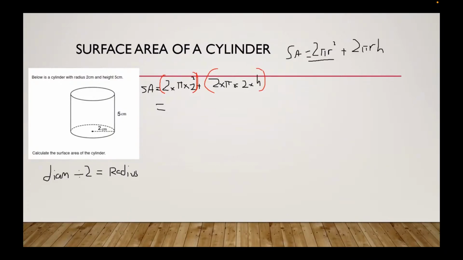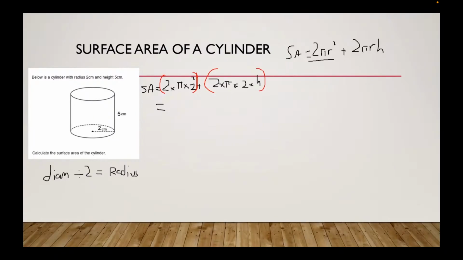So I'm putting this on the calculator: 2 times pi times 2 squared, in brackets of course, plus 2 times pi times 2 times 5.